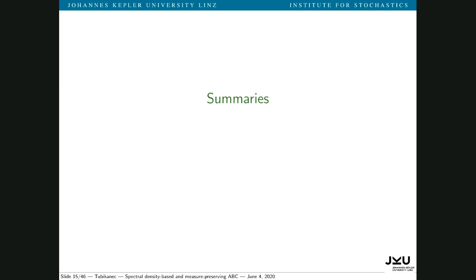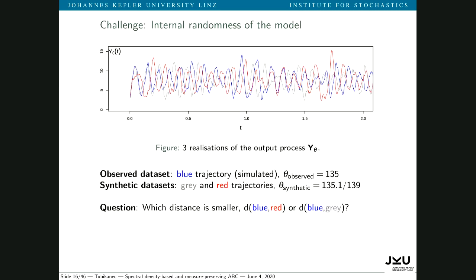The first challenge we were confronted with is the internal randomness of the SDE. So with that I mean that several paths, even though generated under the same or very similar parameter values, can look very different. And also if you change the parameter theta considerably, it might be difficult to distinguish the paths.